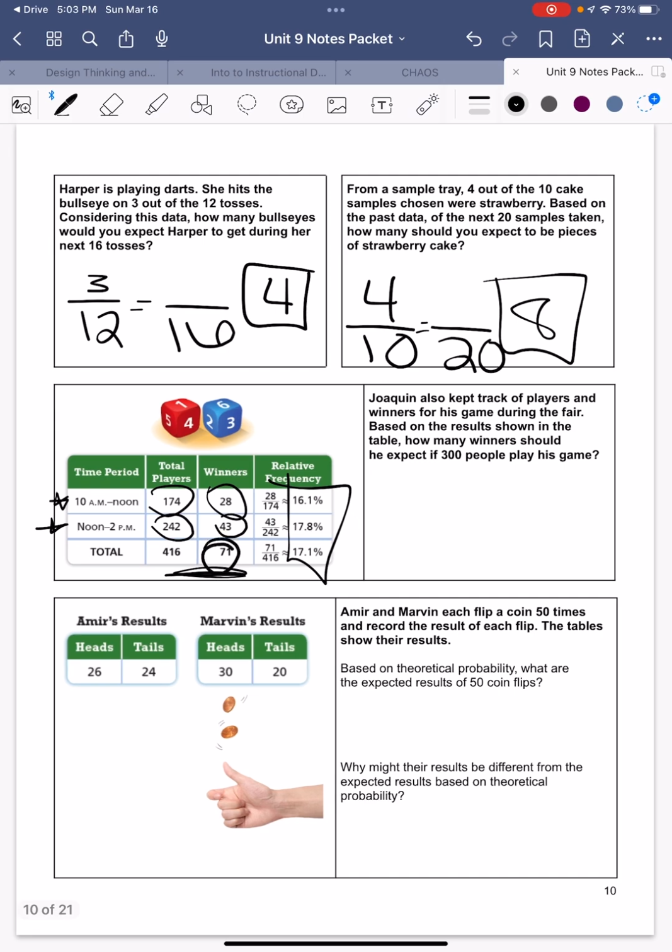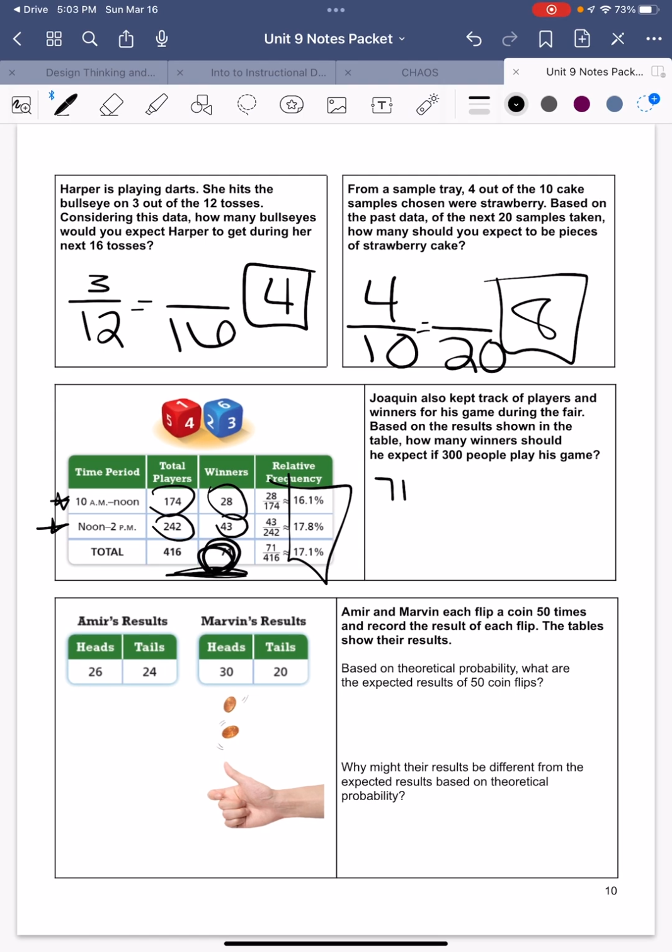So we know that 71 people won out of 416. What about if 300 played? So I do 71 times 416, and I actually, nope, not 416. 71 times 300, and that's 21,300 divided by 416.